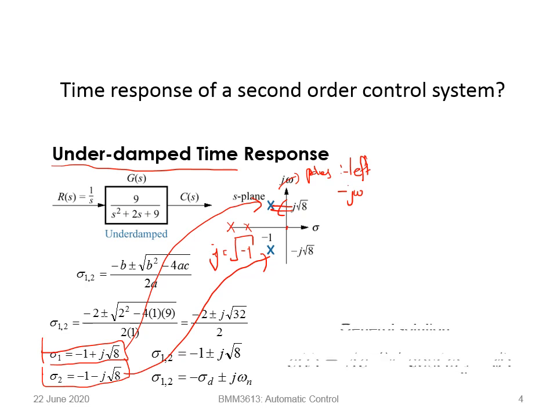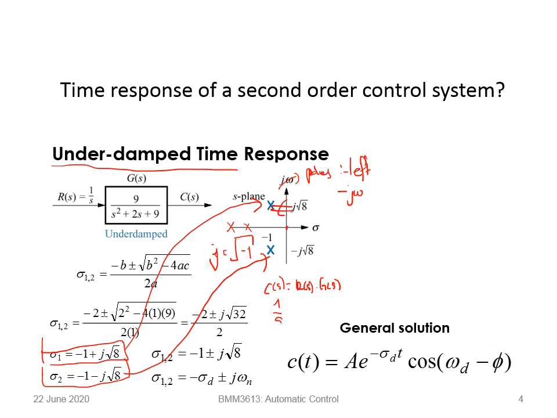So let's look at the time response. We are skipping a lot of steps here, but they are basically the same steps. You have to find C(s), which is R(s) multiplied by G(s), so it is 1 over s multiplied by your transfer function.